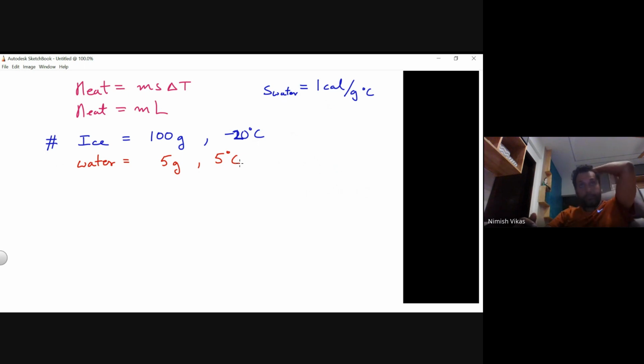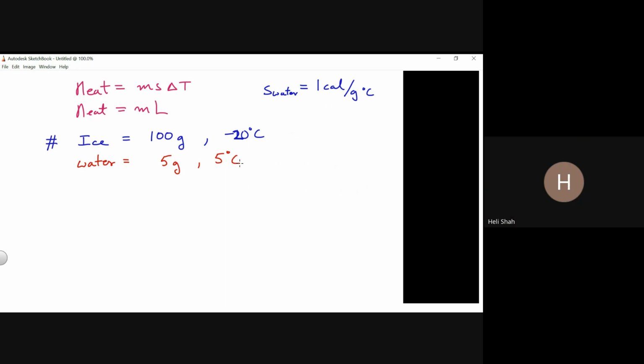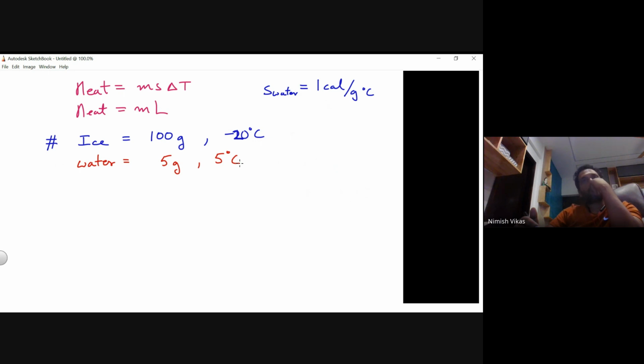Is that okay? Find the final temperature when I mix the two.